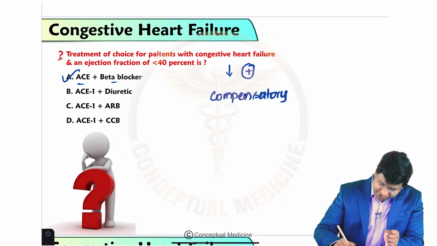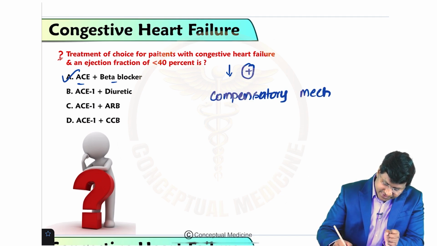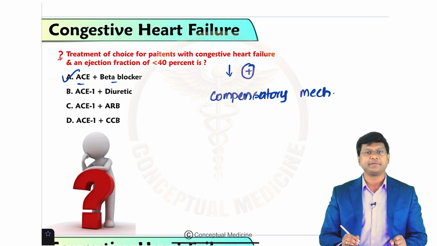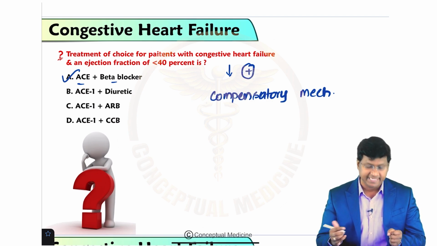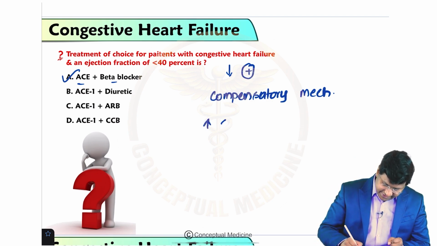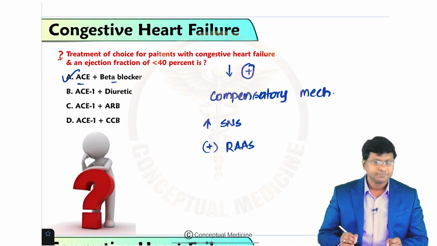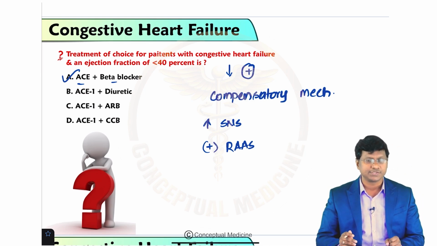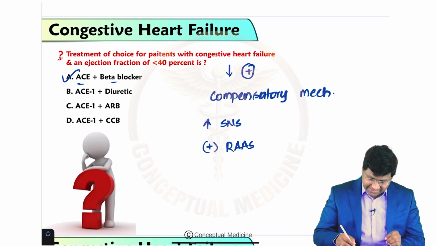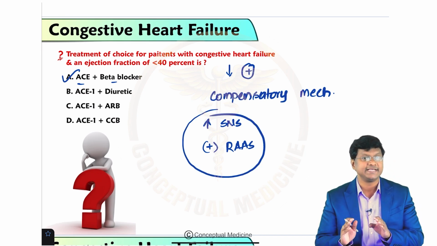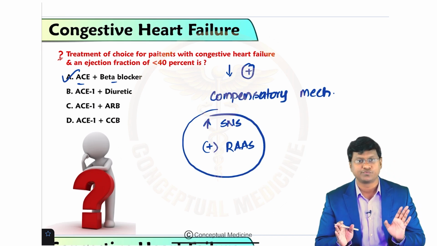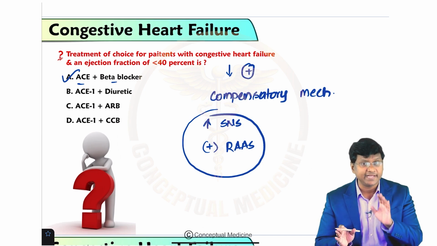Right, there is activation of the compensatory mechanisms. What are those compensatory mechanisms activated? Increase in the sympathetic nervous system outflow, and then activation of RAS, right? Now, I told you these compensatory mechanisms are only transiently useful.